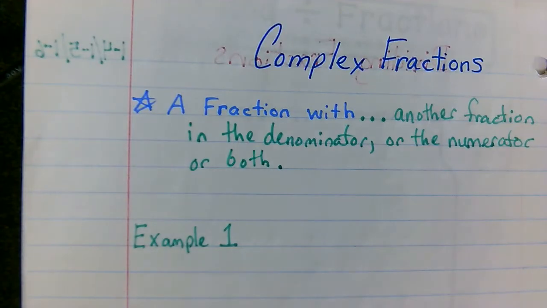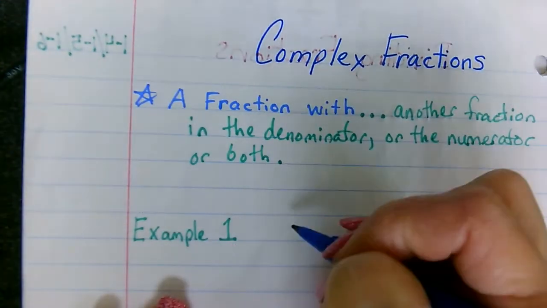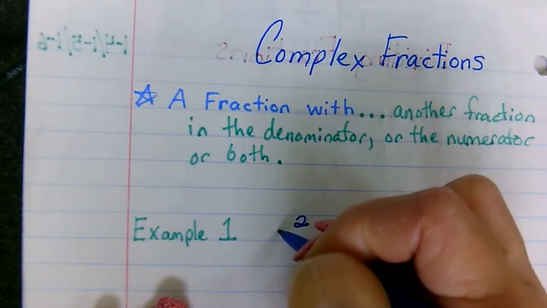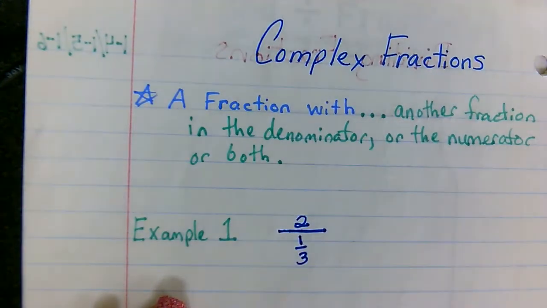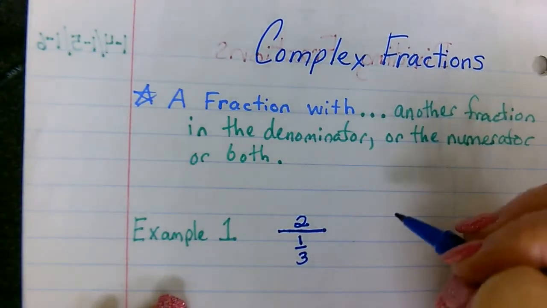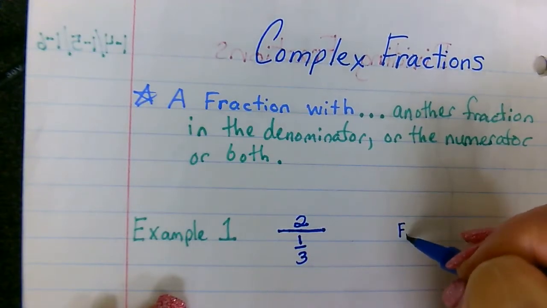Let's start with example 1. We're going to use 2 over 1/3. So in this case, there's a fraction in the denominator.